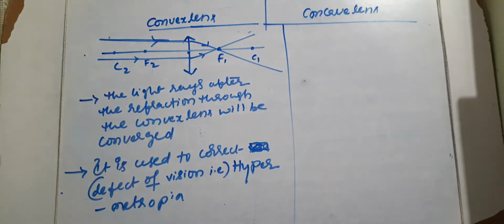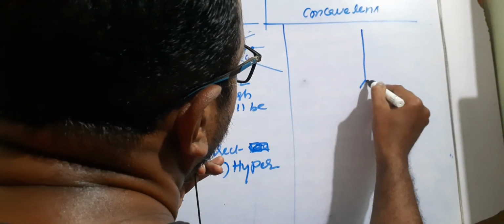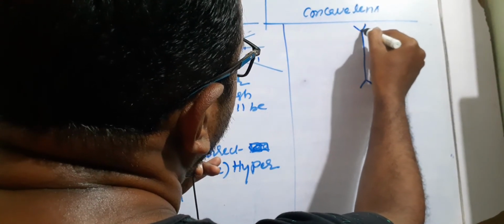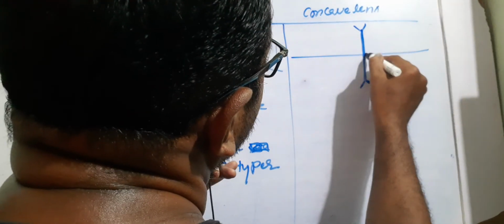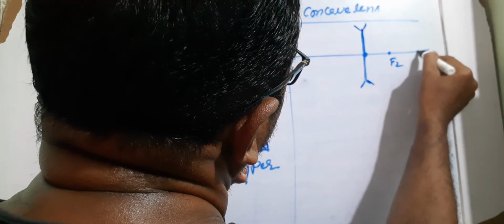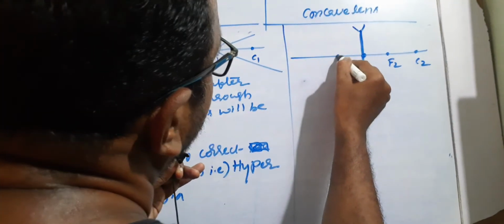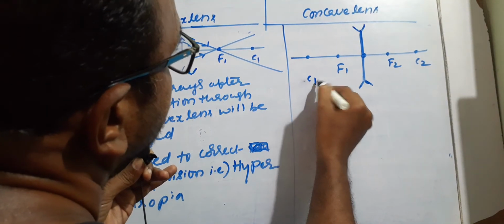Under the concave lens, students, this is the symbolic representation, the symbol for biconcave lens, and here is the optic center, focal point F2, center of curvature C2, focal point F1, center of curvature C1.